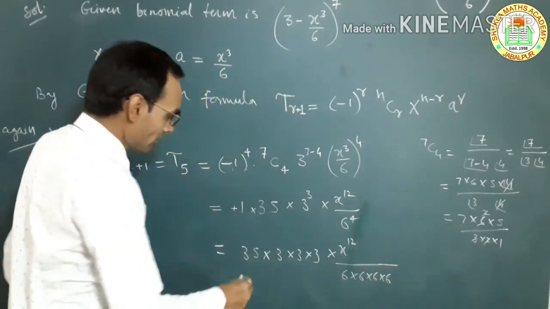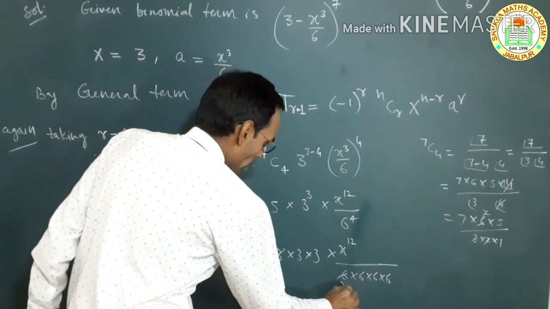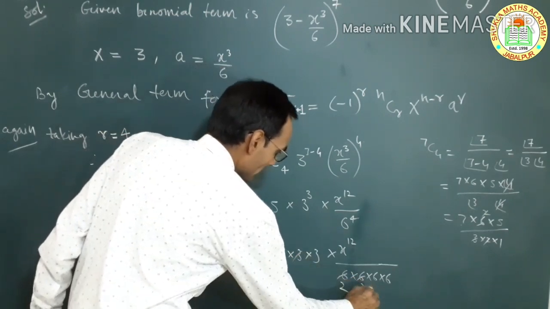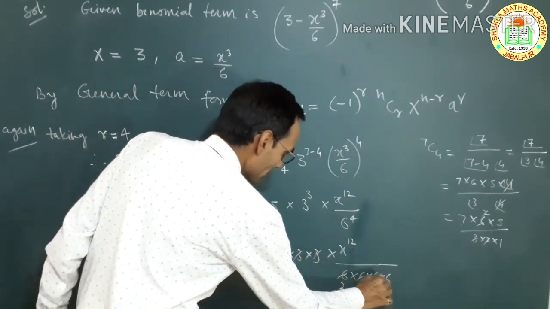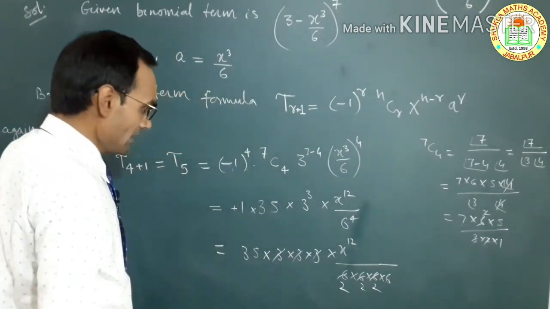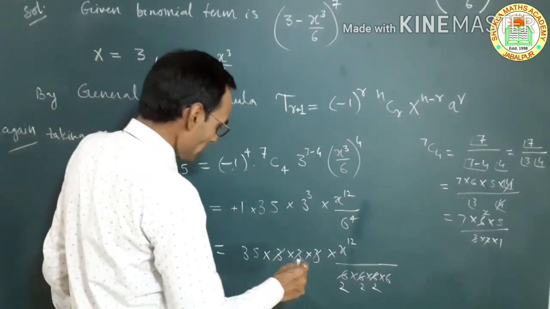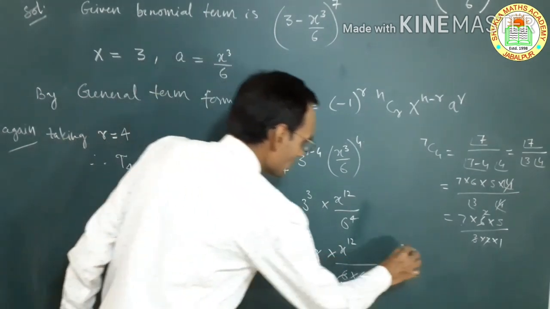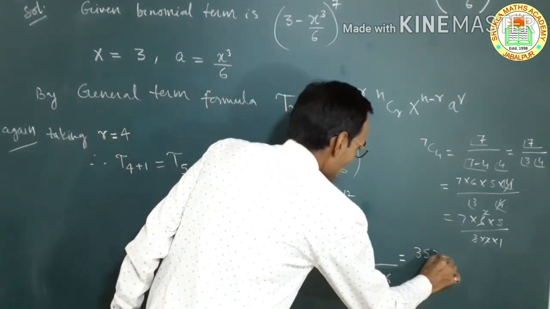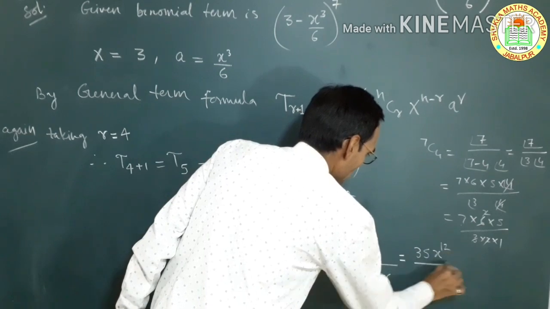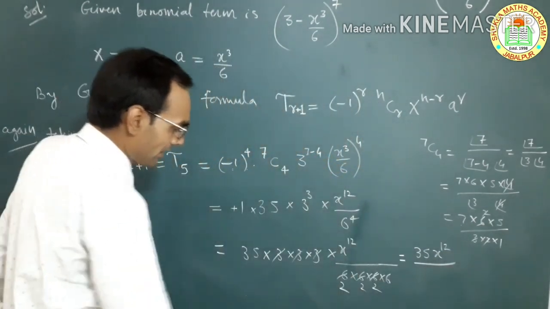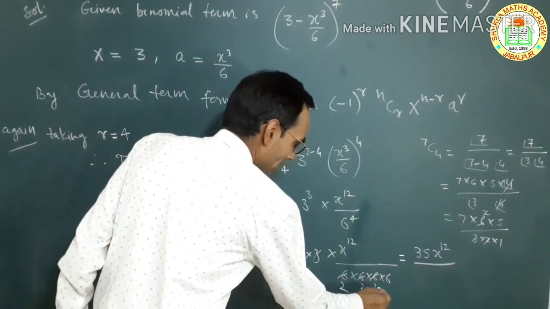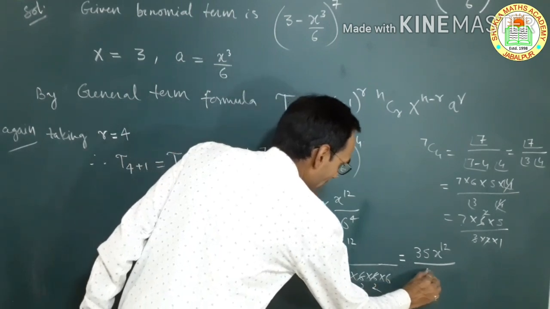Now we will cross it, 3 1s are 3, 3 2s are 6, again 3 2s are 6, and again 3 2s are 6. Here we have 35 in the numerator into x raised to 12 upon 2 into 2 into 2, that is 8, and 8 6s are 48.